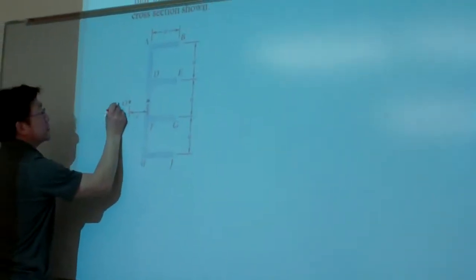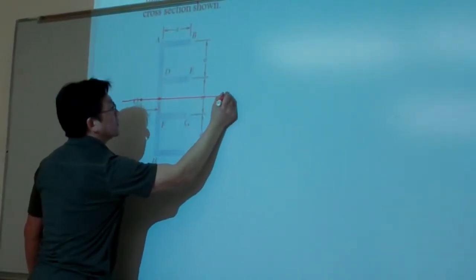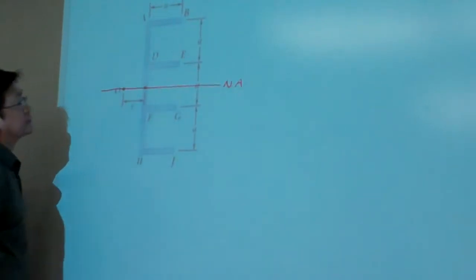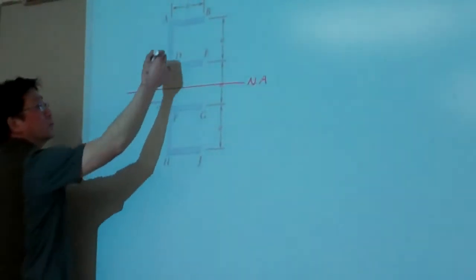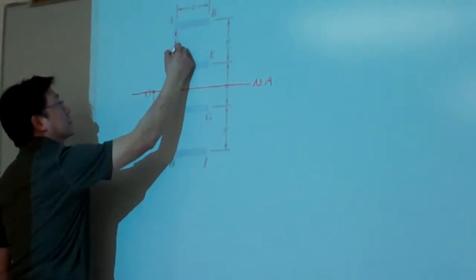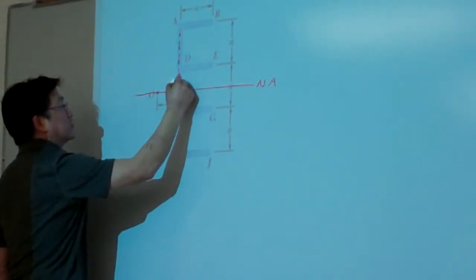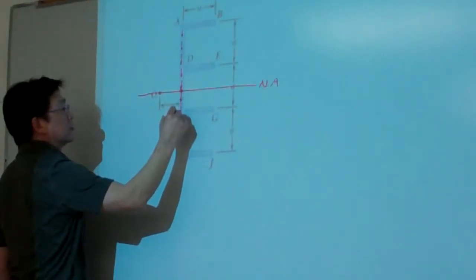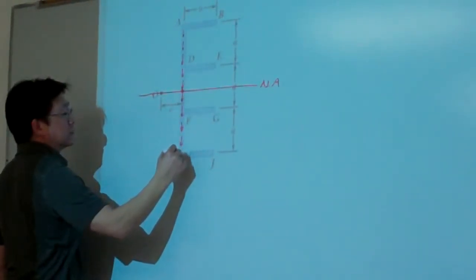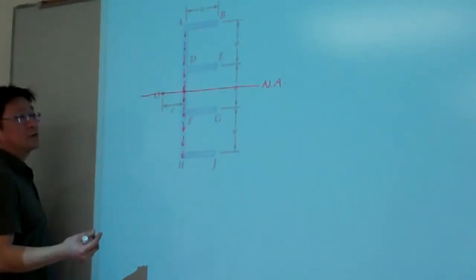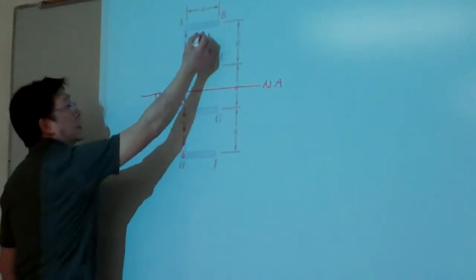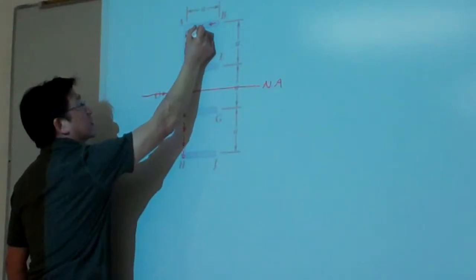Here this is our neutral axis, and the shear flow should be in these directions, vertical, aligned to our loading direction. Then the vertical flow must make a continuous shear flow, and so that would be something like this.